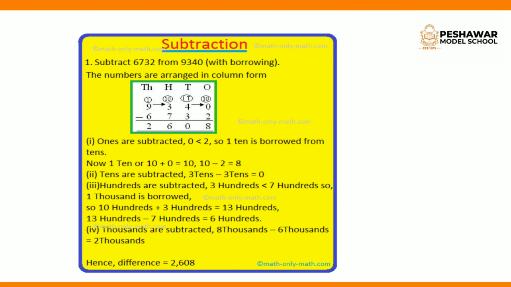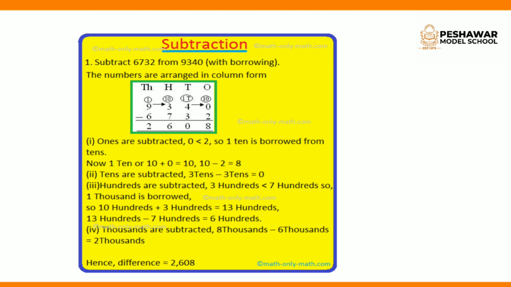Now in the hundreds place there are 3 and 7. 3 is smaller than 7, so we cannot subtract. We will borrow from 9. 9 will become 8 and 3 will become 13. So now subtract 7 from 13. The answer is 6.